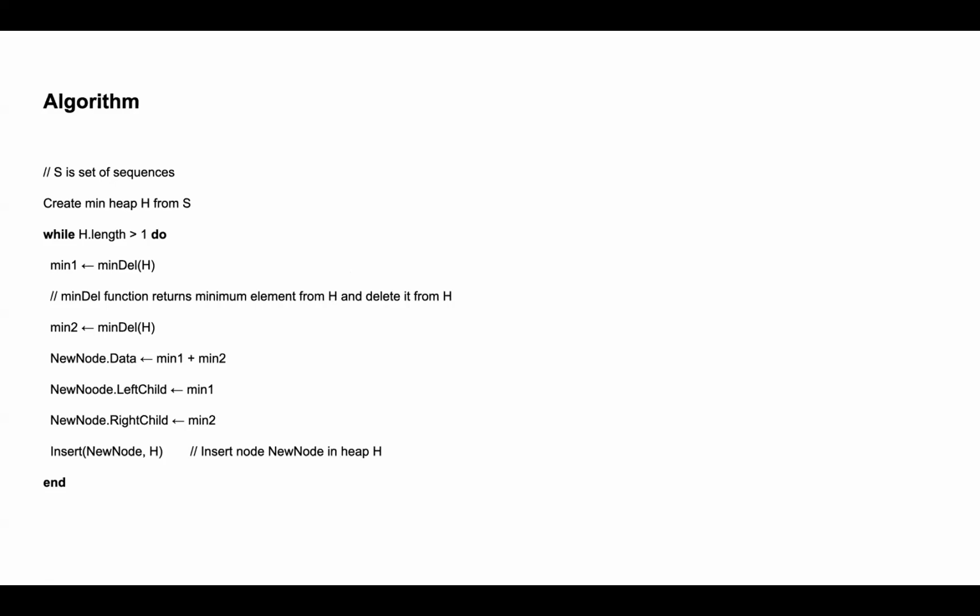The addition of those is stored in a new node, and again that new node is added to the heap. Then again it will take the minimum from those. This will be repeated until there are sequences left to merge in the heap. Okay.